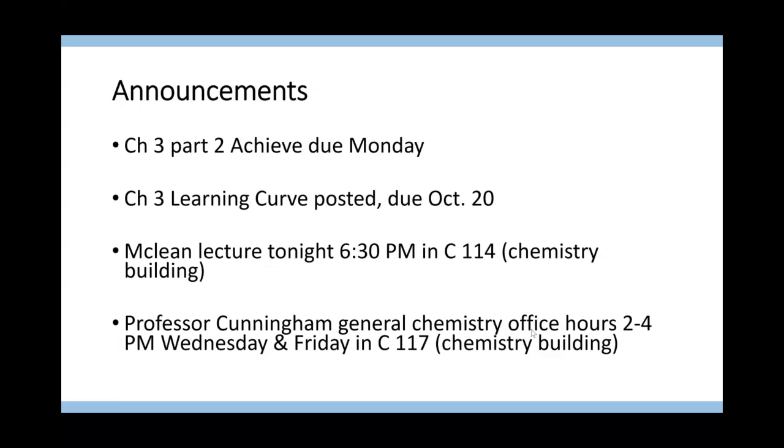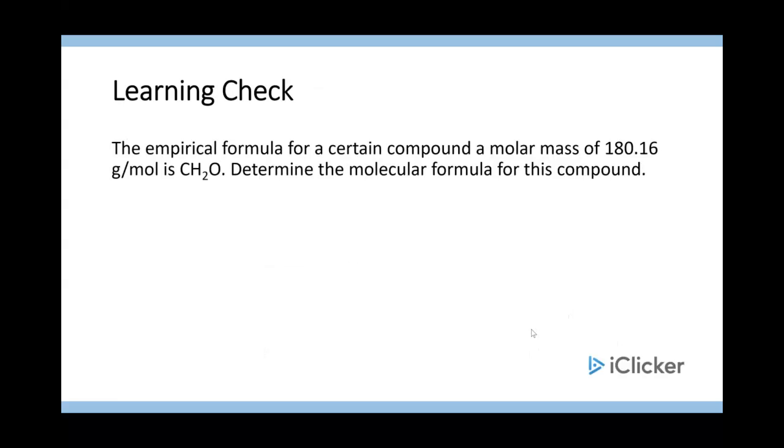So we ended last class with this iClicker question where we are given an empirical formula and we are trying to determine the molecular formula. So you all already answered this, but I think it will be helpful to just go through this question. We didn't all get the same answer.